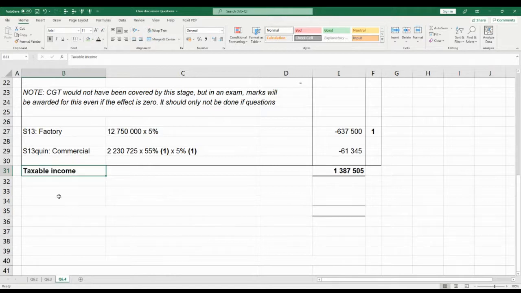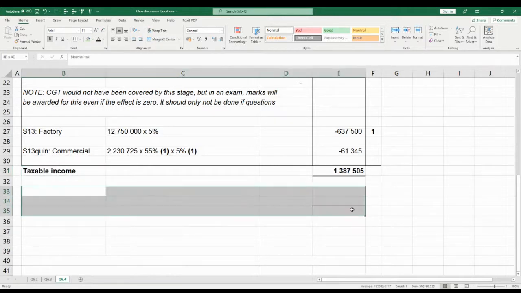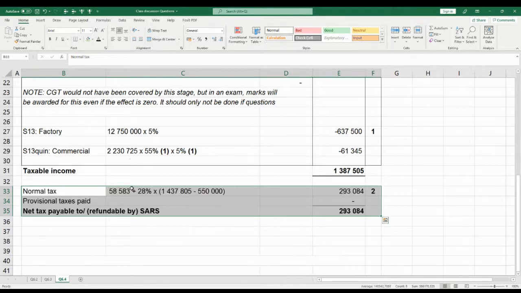And then the last step is, because we have to do the tax liability, we then apply the tax tables.